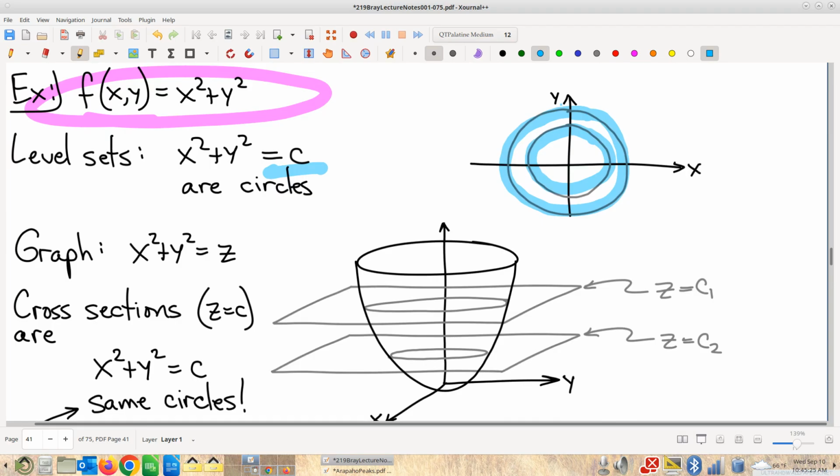Same function now, exact same function. Let's look at the graph. Right, so level sets we get by setting the function equal to a constant, different constants. The graph we get by setting the function equal to a new variable, now z. And I'm going to ask for your flexibility. Trust me for a minute.